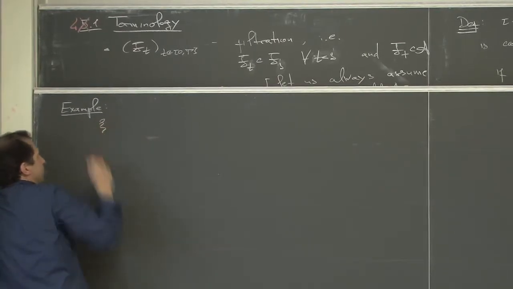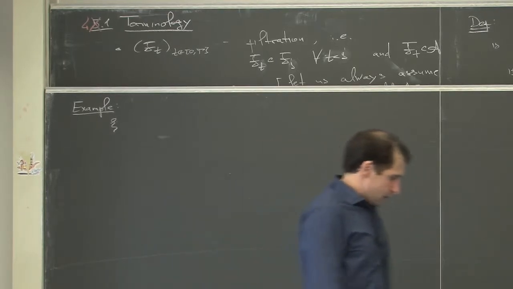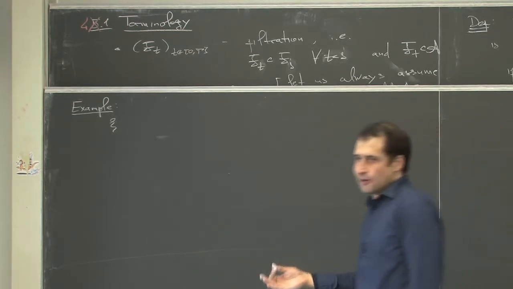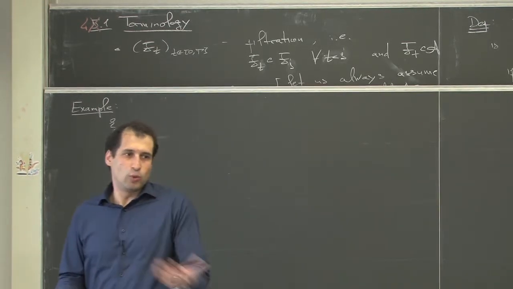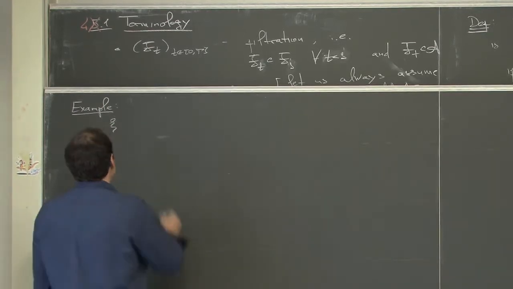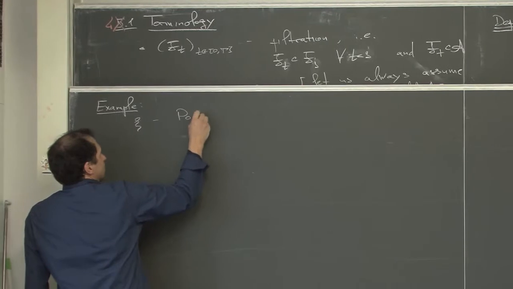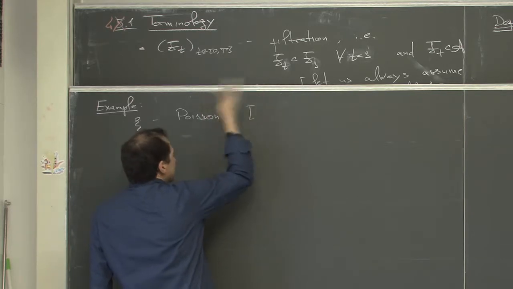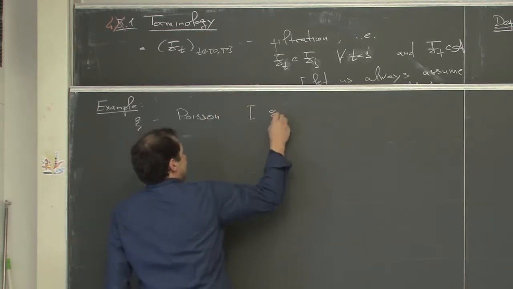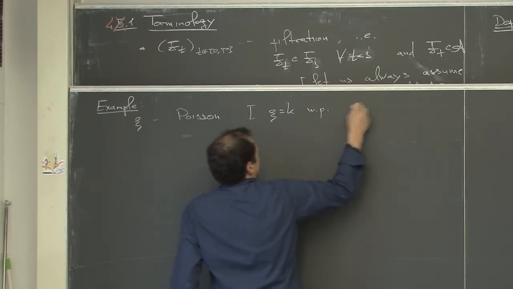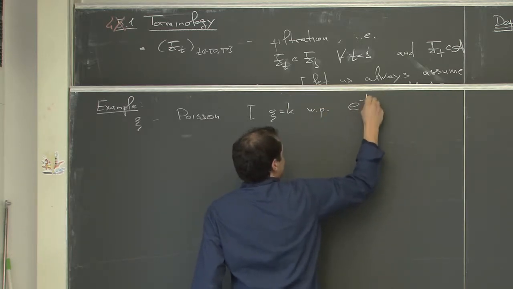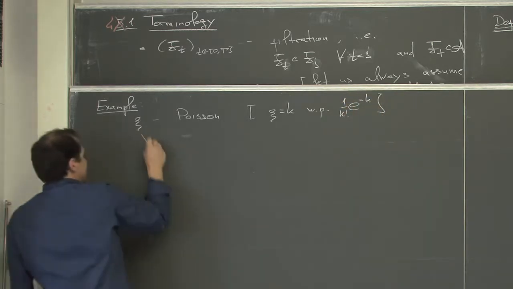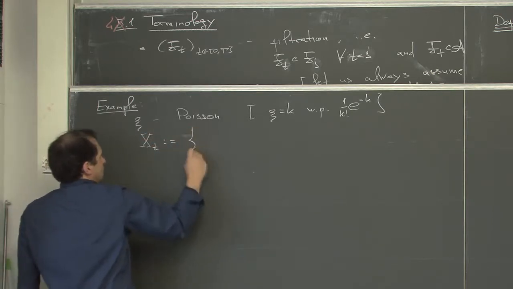Imagine that the process is defined in the following way. You just sample your favorite variable xi with a discrete set of positive values. I don't know, 0, 1, just a fair coin. Or maybe slightly more involved, a Poisson with some parameter, say 1. And then the process Xt is defined in the following way.